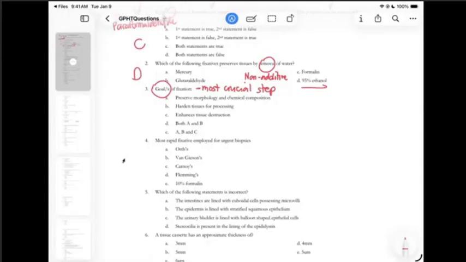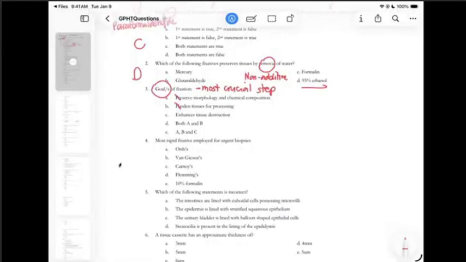So for the goal or objective, of course we want to preserve the morphology, not just the structure, but also the chemical components of the tissue, as well as letter B. Another objective is to harden the tissue. You would also notice that after fixation, the tissues become harder.